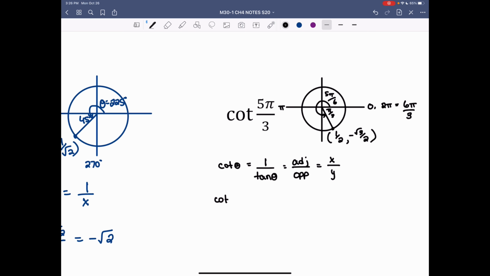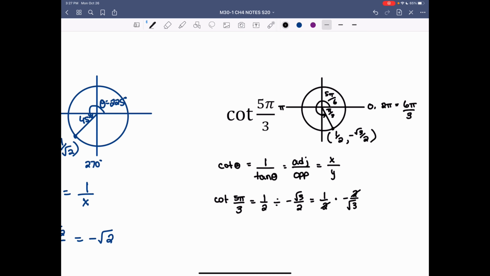Then cotan of 5 pi over 3 would equal x value is 1/2 divided by the y value of negative root 3 over 2. To divide fractions, we multiply by the reciprocal, so 1/2 times negative 2 over root 3.